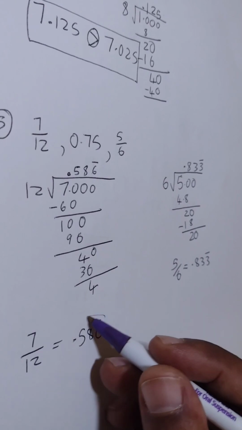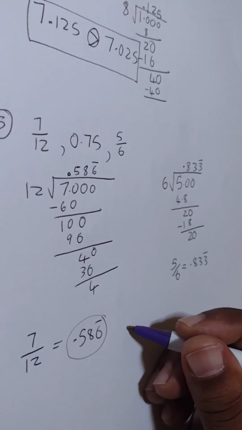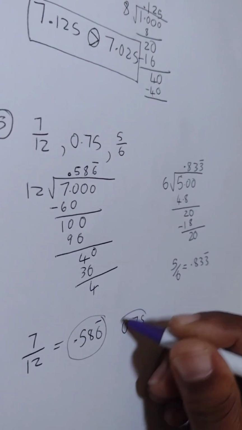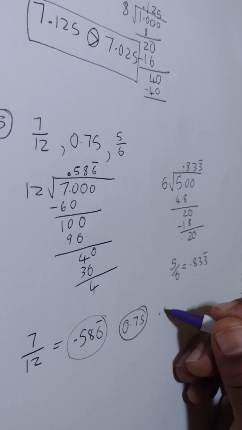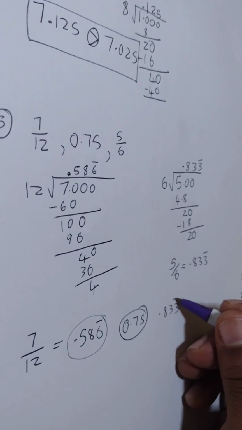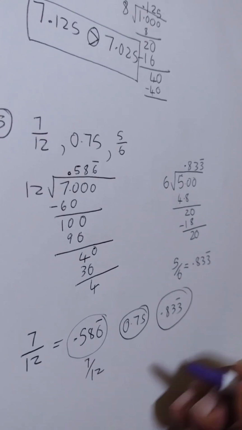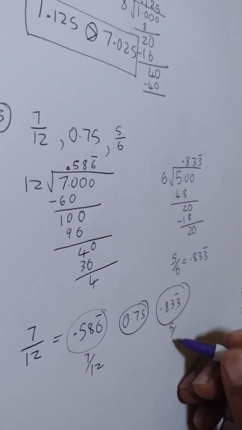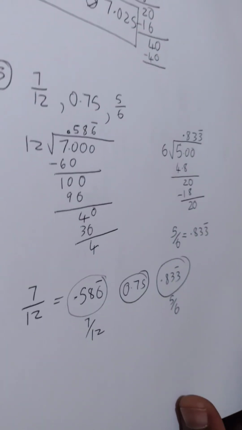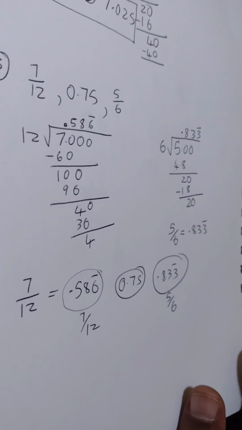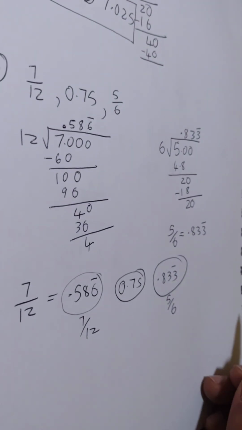So the question is, when I'm looking at this number, 0.75, and the number 0.833 recurring, remember that this is actually 7 over 12, and this is your 5 over 6, sorry. They're asking you to order it from least to greatest. Well, in this case, it's already in the order least to greatest.